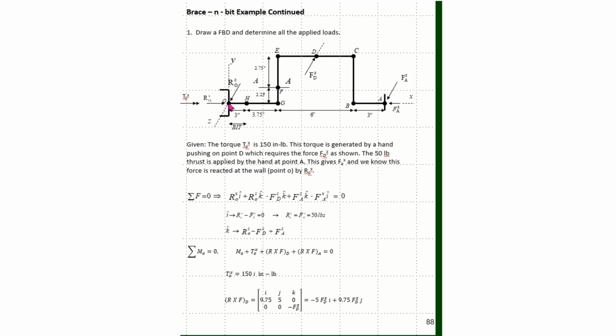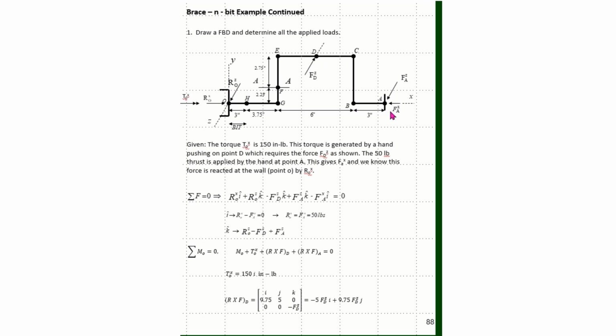So we need our summation of moments at this point here to equal 0. And in order for that to happen, we can see that this FDZ is trying to twist the bracing bit around the y-axis. So we have to have an FAZ out here at point A to counteract the FDZ when it tries to create a moment.